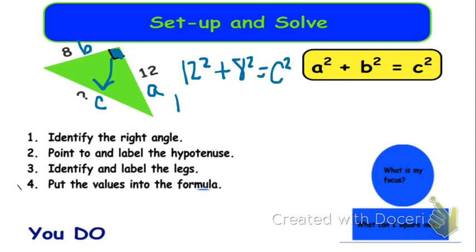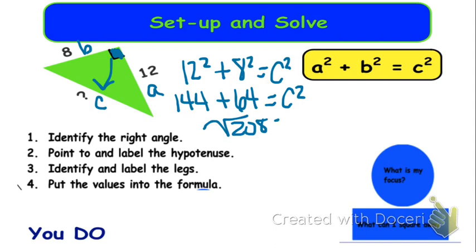We're going to square 12 and get 144, plus 8 squared, which is going to be 64. Once you added 144 plus 64, you should get 208. And we're going to take the square root of 208, and we get 14.4.